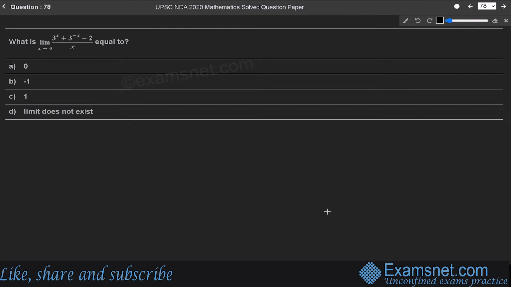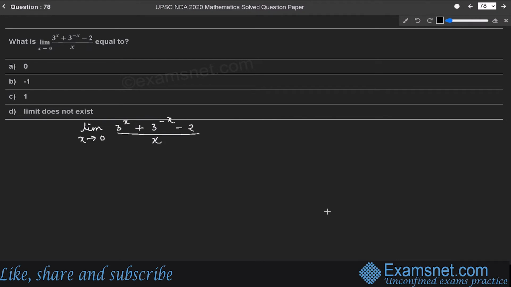Next question is, what is limit x tends to 0, 3 to the power x plus 3 to the power minus x minus 2 upon x equal to. We have to find its value.